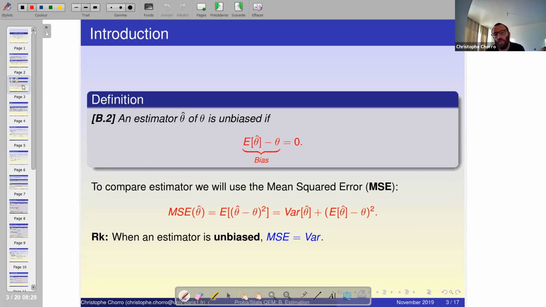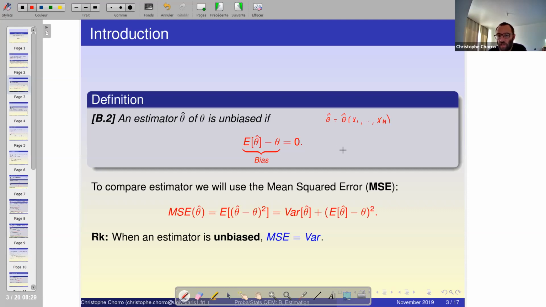First property is the fact that we want estimators that are unbiased. Unbiased means that, keep in mind that I denote theta hat as a function of my capital N observations, and I want it to be an approximation of theta.